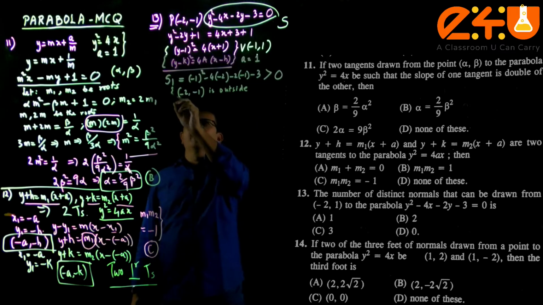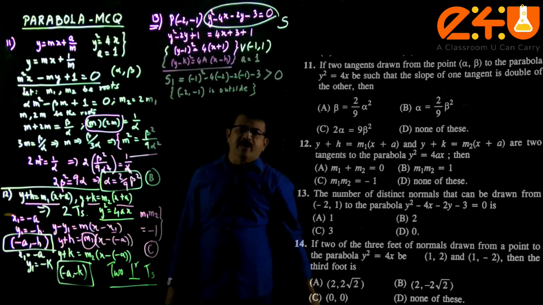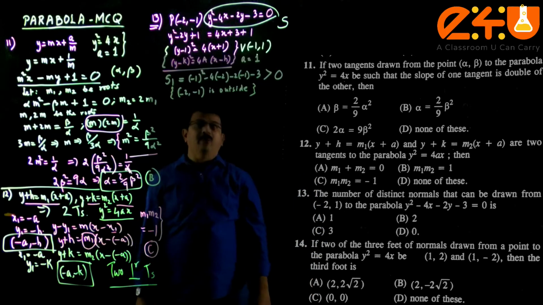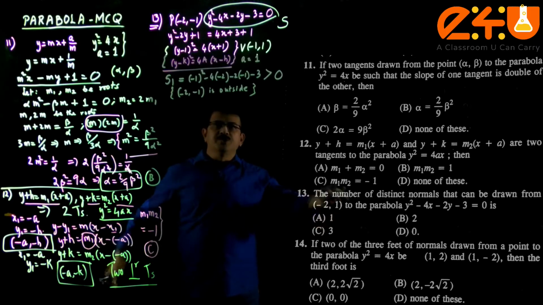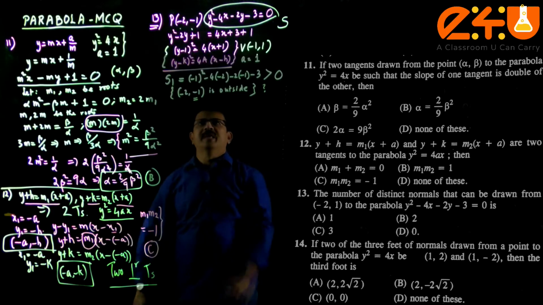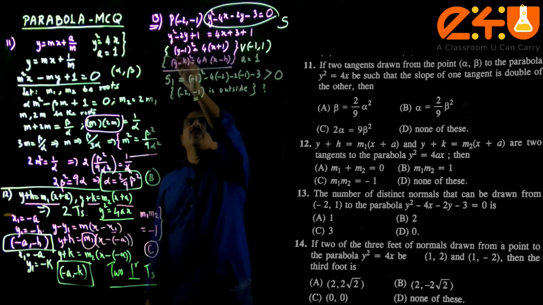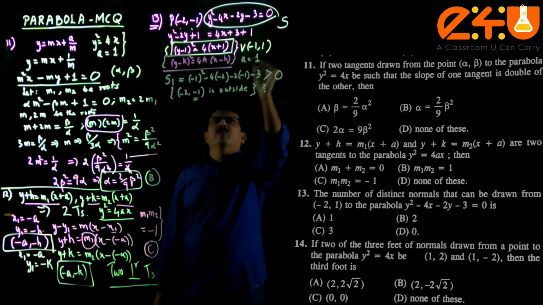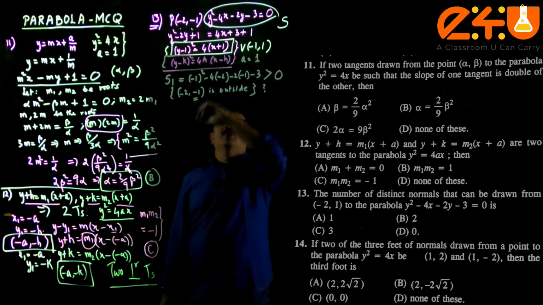Because it is outside the parabola, you can analyze what normals you can draw. Number 2, where does this point lie? That depends on the equation of the parabola. What is the axis of the parabola? Vertex is minus 1 comma 1.